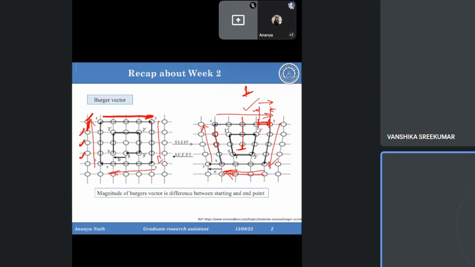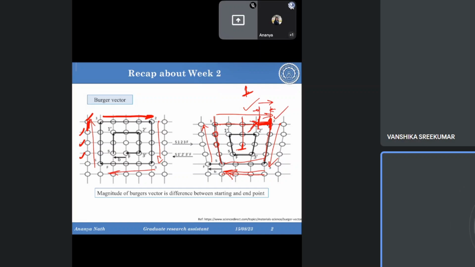So the magnitude of the Burgers vector is the difference between the start and the end point. If we are starting from this point and ending here, this one extra magnitude between two lattice points will be the magnitude of the Burgers vector.